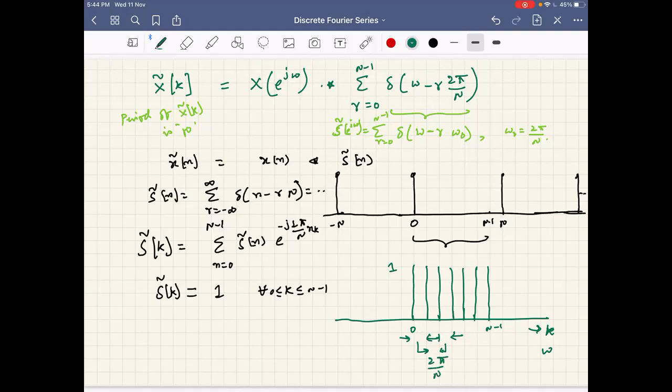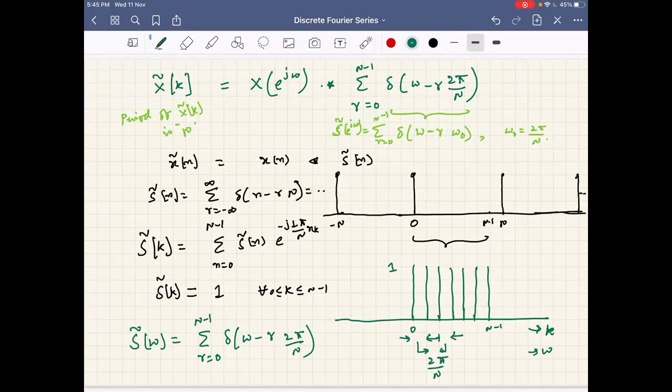And hence s tilde of k can be effectively written in the frequency domain, in the discrete time Fourier transform, as s tilde of omega, exactly like what we have got: the sum of delta of omega minus r omega naught, where r is equal to 0 to N minus 1, where omega naught is equal to 2 pi by N.